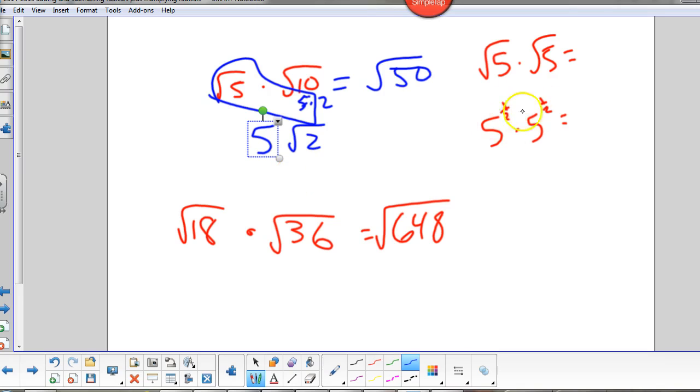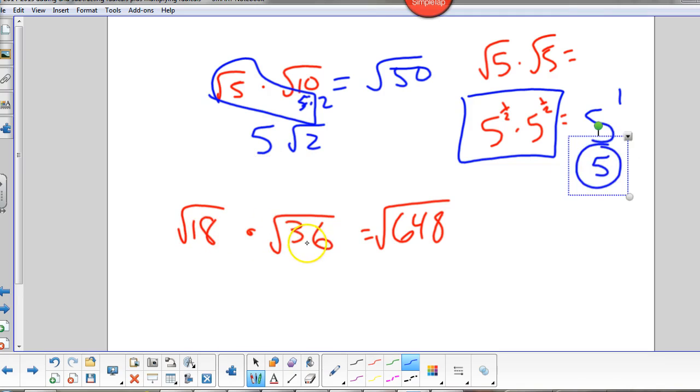Another way to think of square root of 5 is 5 to the 1/2 power. Those are the same thing. And if I multiply 5 to the 1/2 times 5 to the 1/2, like bases means I can add the exponents. So this becomes 5 to the half plus half is 1, or 5.